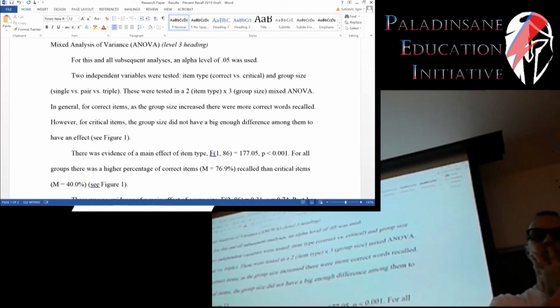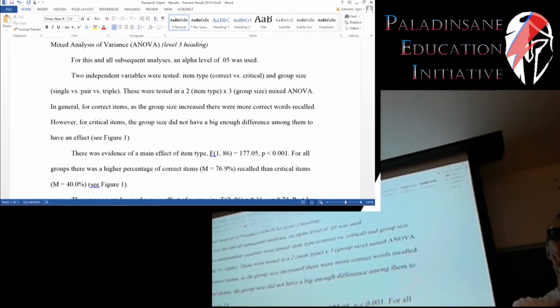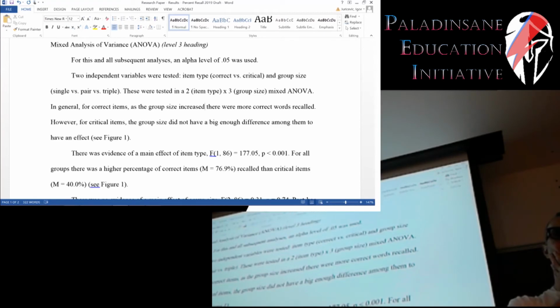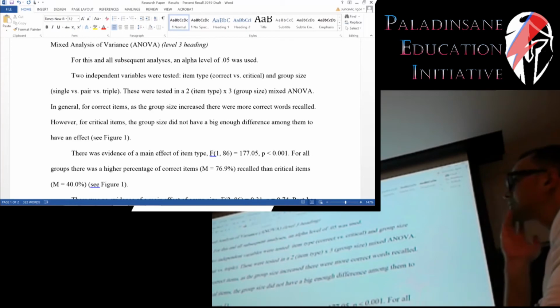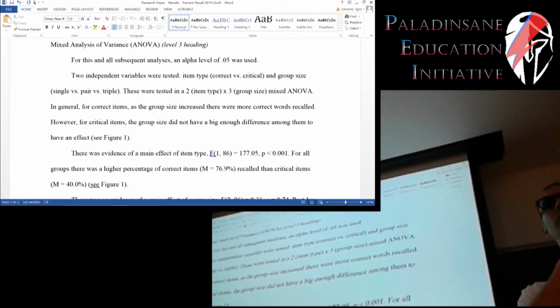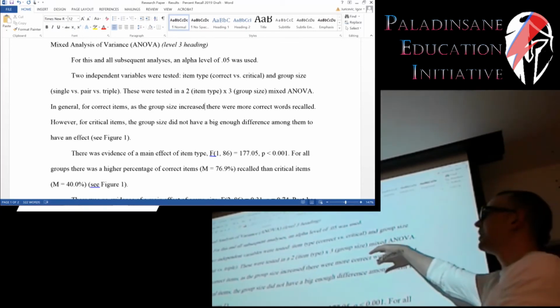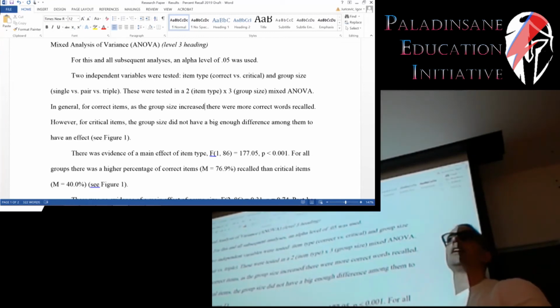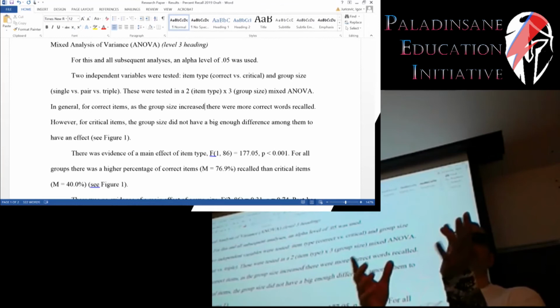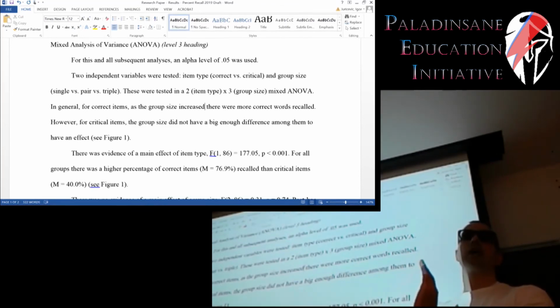Yep. I don't know if this would be an English strategy. You can say there's a positive correlation between group size and the amount of correct words recalled. Okay, so that's true, but at this stage we want to, as much as we can, not put statistical jargon in there. And positive correlation is a statistical kind of term.